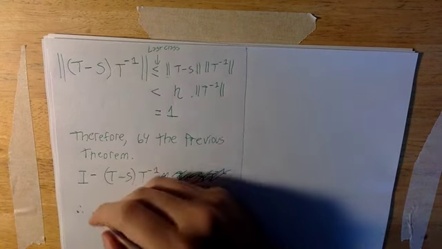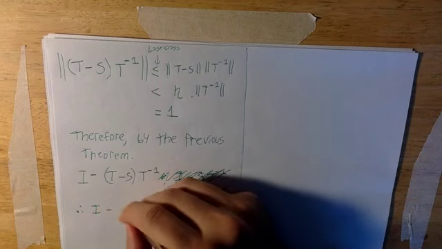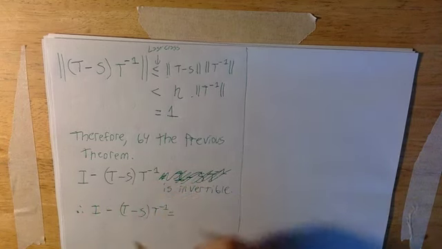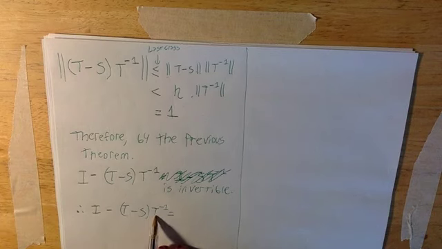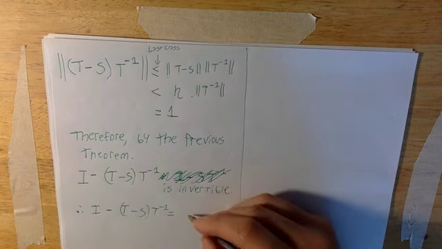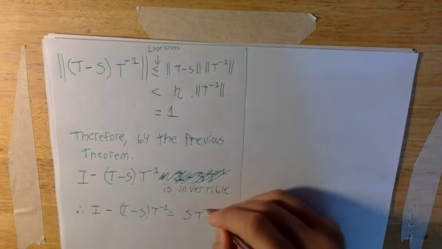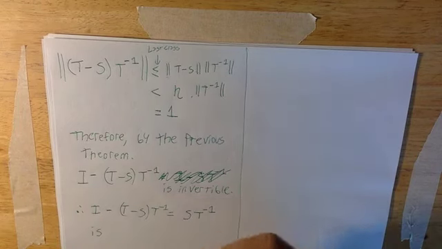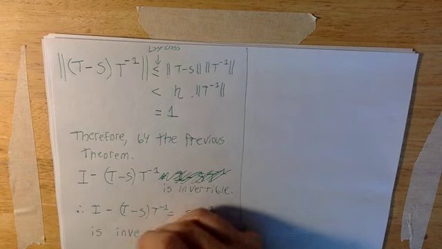Then, identity minus T minus S times T inverse: when you multiply T by T inverse, you get the identity, and then you have plus S T inverse. So the identity cancels, and S times T inverse is invertible.